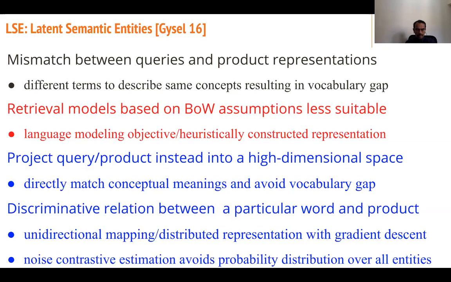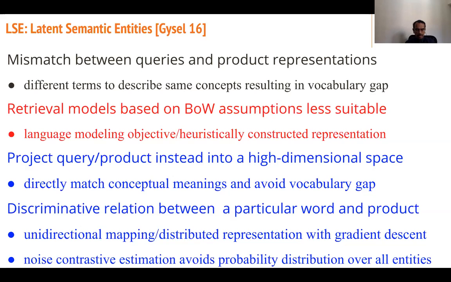This discrepancy between the buyer's shopping list and how retail stores maintain the information, that's the customer problem. Retrieval models based on bag of words assumptions are less suitable to address this issue, as will be talked about in this paper. The initial approaches were based on a language modeling objective or heuristically constructed representations. So that's the technical challenge.